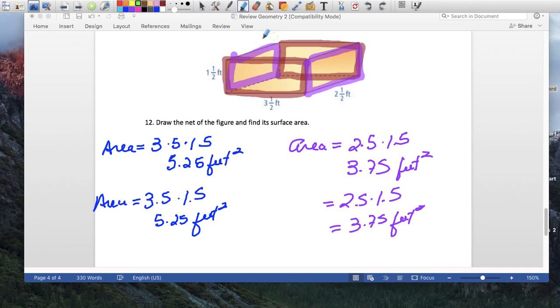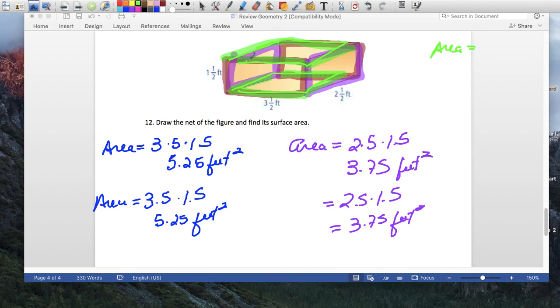Lastly, let's do green. The top and the bottom. I'm focusing on the top face and the bottom face.